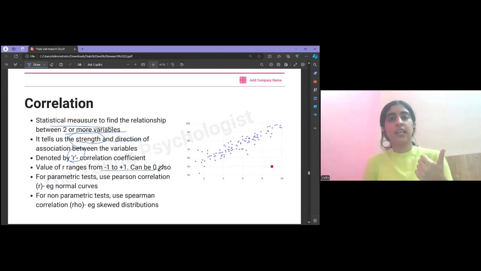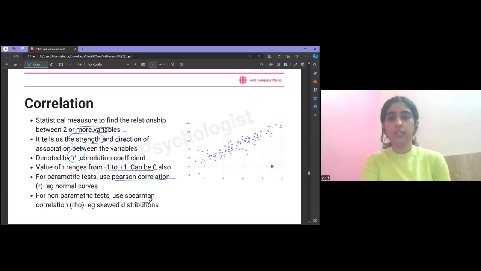There can be different types of correlation that we will use depending upon the kind of data that we have. Either we can have parametric or non-parametric data. When we are working with parametric data, we use Pearson correlation. On the other hand, sometimes we can have non-parametric data. In those cases, we will not use Pearson; we will use Spearman's rank order correlation.